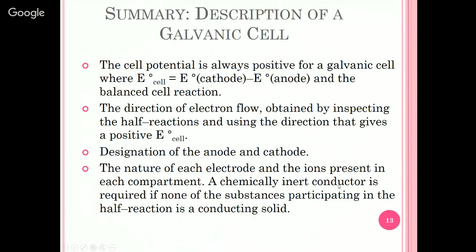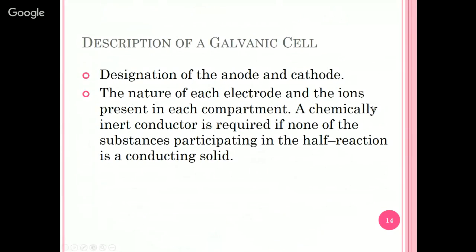So we use those for nonmetals most often. So in a line cell notation, we are always going to write the anode first, the cathode second, and we make sure that we're separating the phase boundaries, represented by a single line. The salt bridge is represented by a double line.